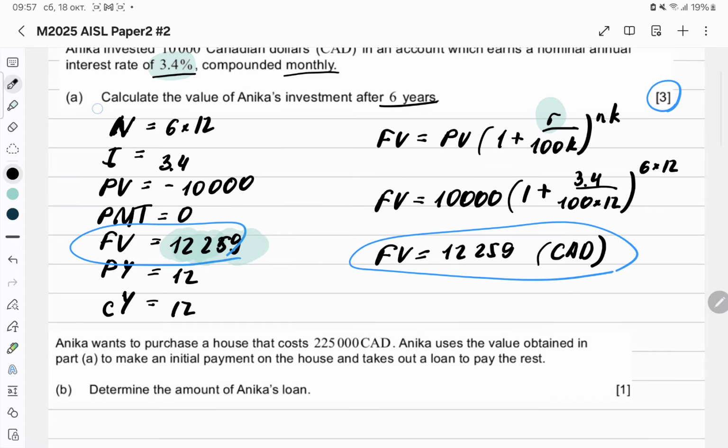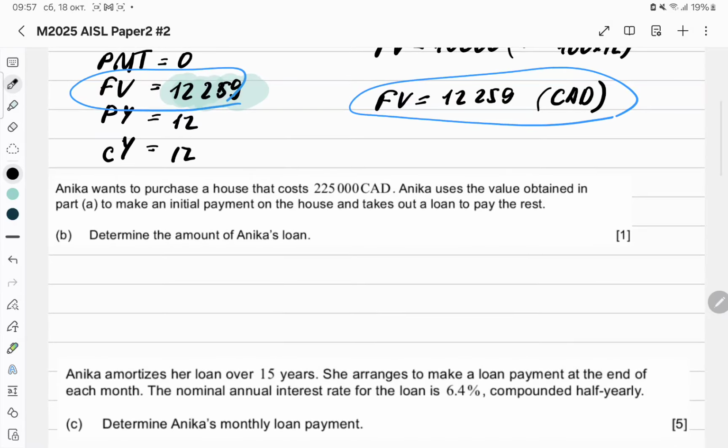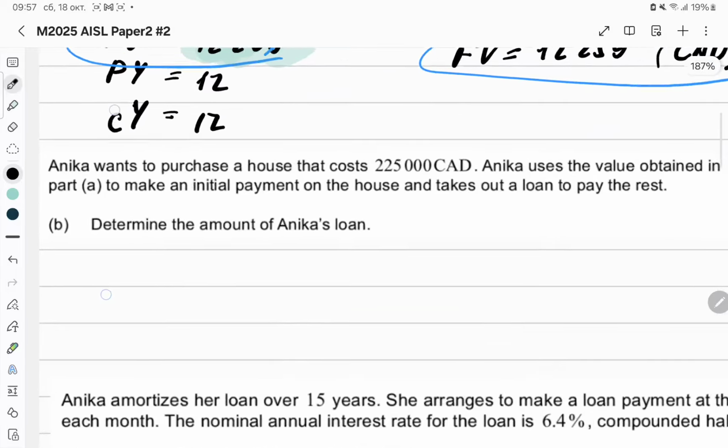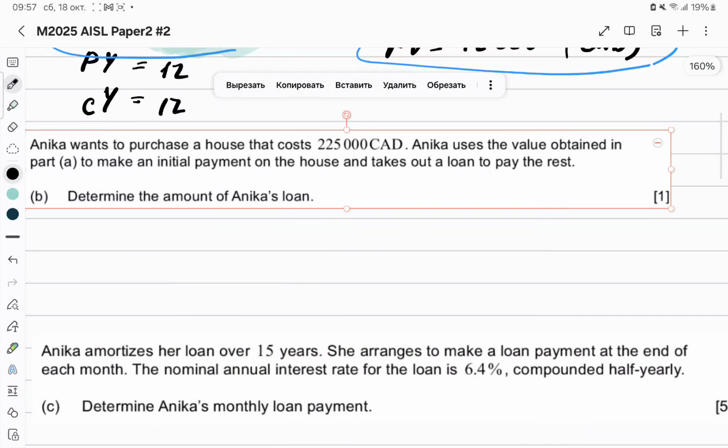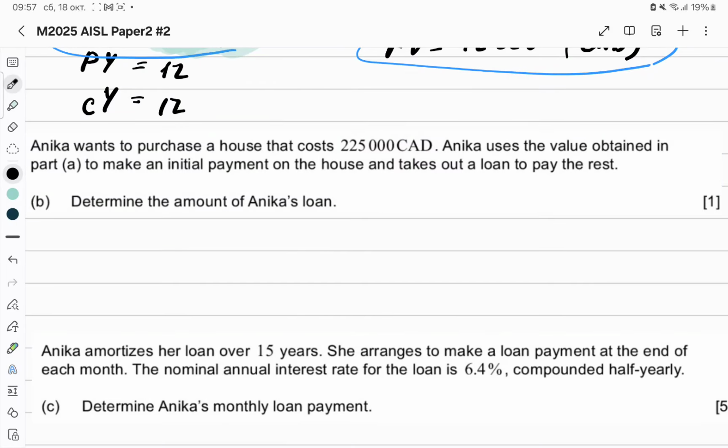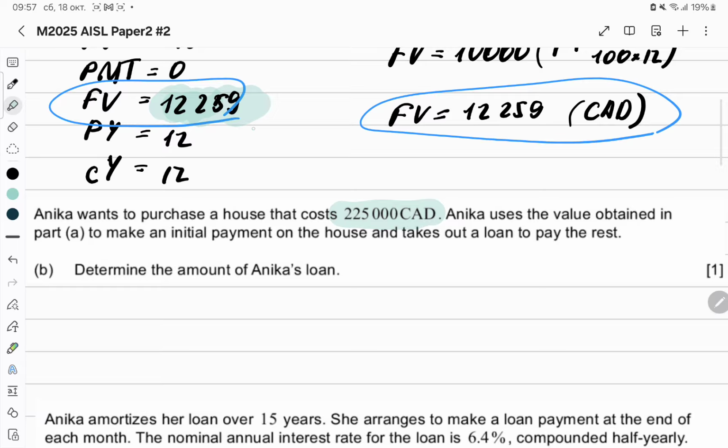Okay, now let's turn to the next question, part B. Anika wants to purchase a house that costs that much. And Anika uses the value obtained in part A, this amount of money, to make an initial payment on the house, and takes out a loan to pay the rest.